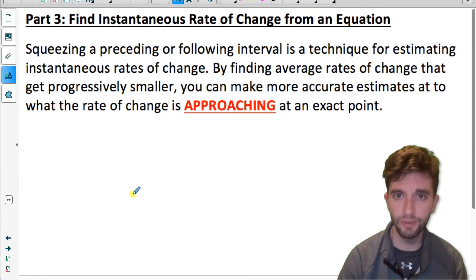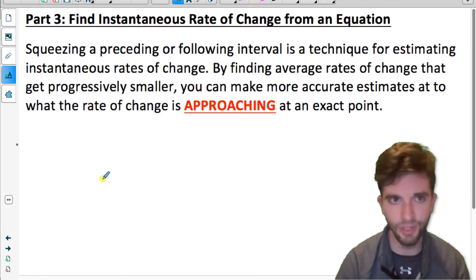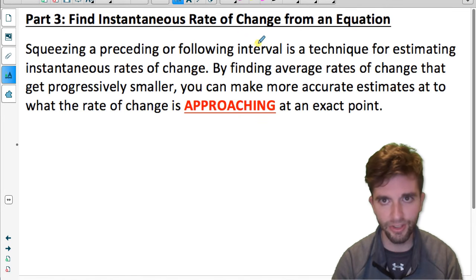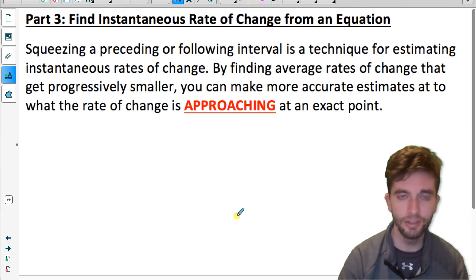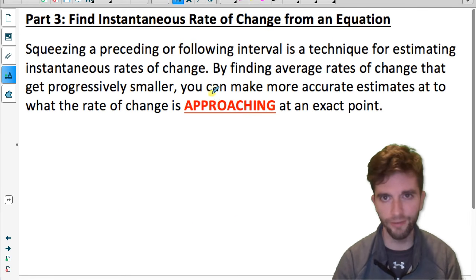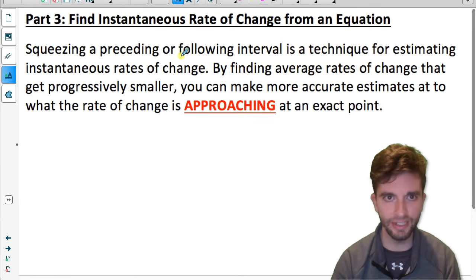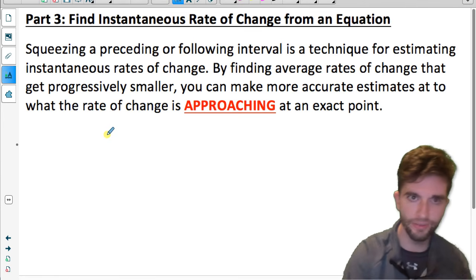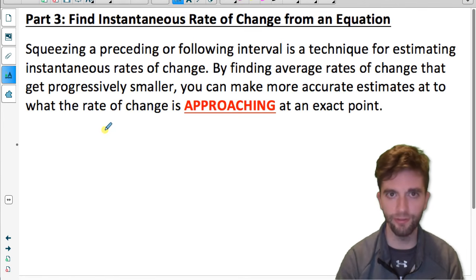So what we're going to do to introduce you to limits is squeeze a preceding or following interval to estimate an instantaneous rate of change. What do I mean by squeeze? We're going to find average rates of change that get progressively smaller, right? The smaller the interval is, the better the estimate is for the instantaneous rate of change, the slope of the tangent.